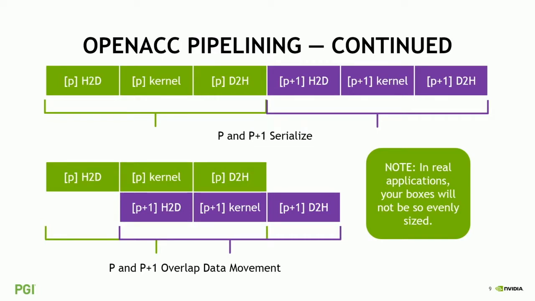So there's the plane P, there's a host-to-device transfer, that's the update device directive, okay? Then we have the kernel launch for the plane P, and afterwards we have a device-to-host transfer, that's the update host directive, where we push the result back to the CPU. Once the plane P is done, plane P plus 1 starts executing, and we repeat the same pattern until that outer driver loop completes, okay?